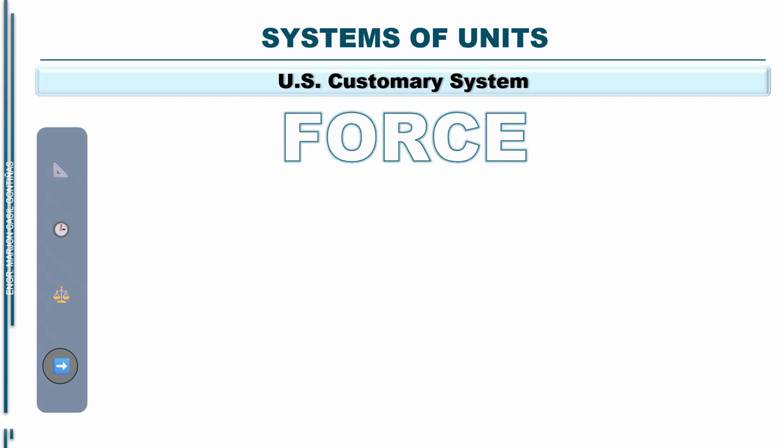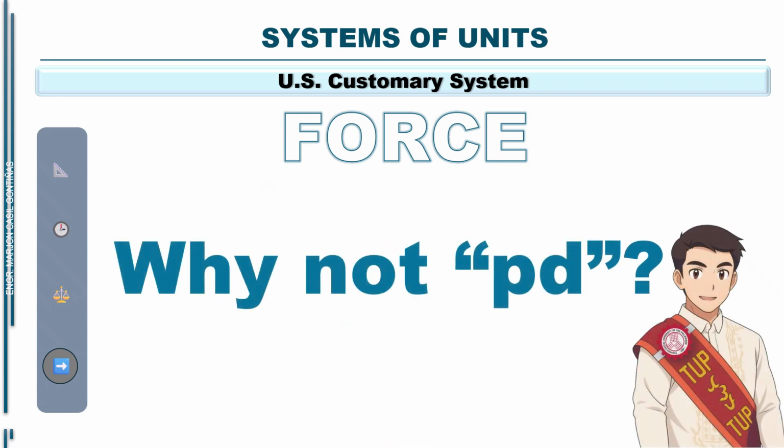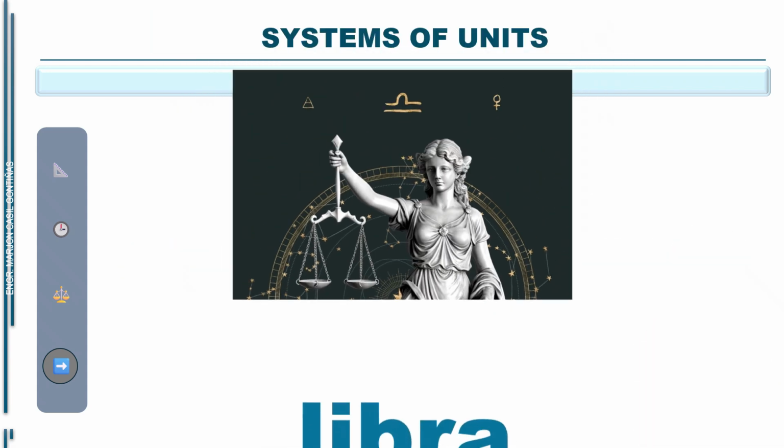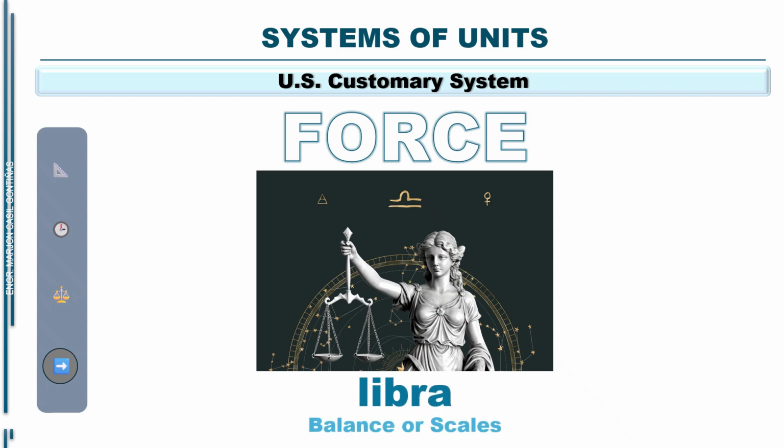Now, let's talk about force. In the U.S. customary system, the basic unit of force is the pound, written as lb. But wait, why lb and not pd, or something that actually makes sense? I wish it was pd, but hey, I'm just kidding. That comes from the Latin word libra, which means balance or scales.